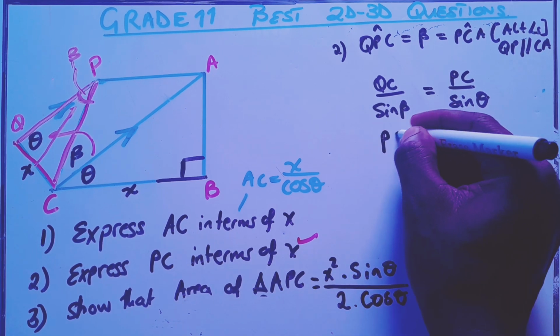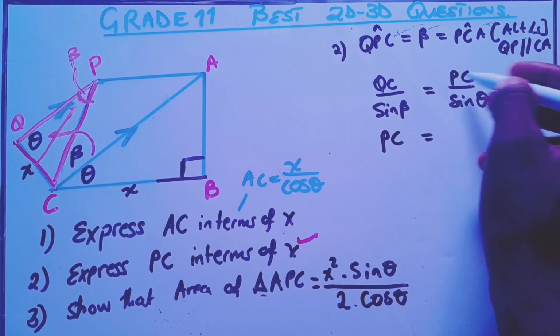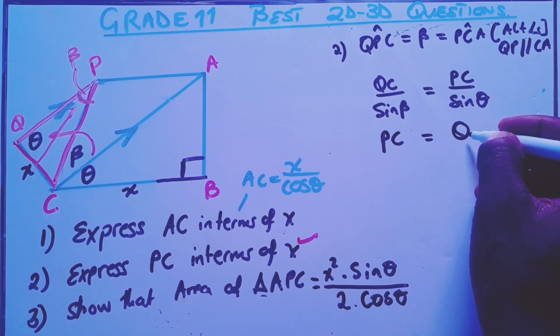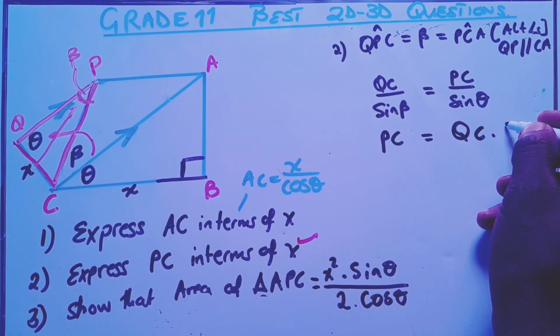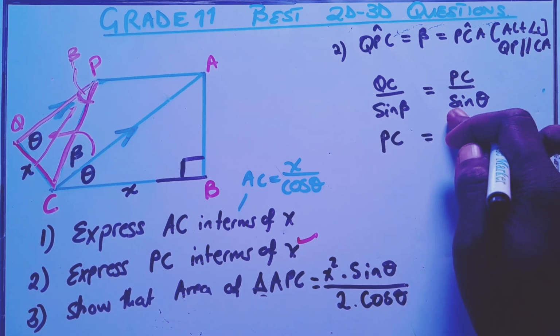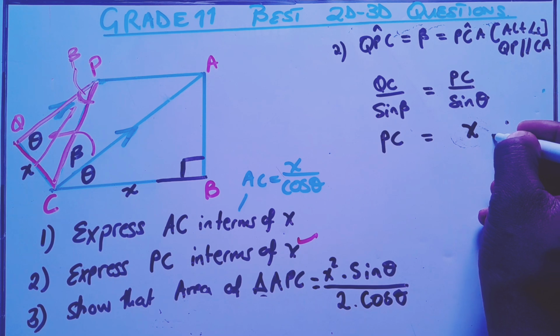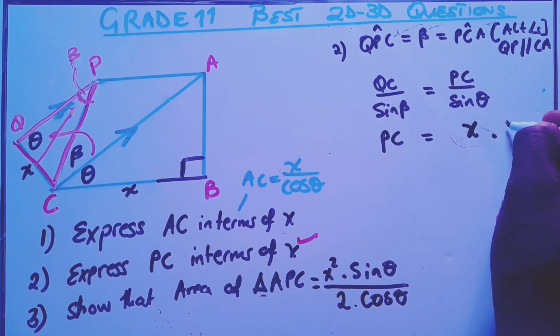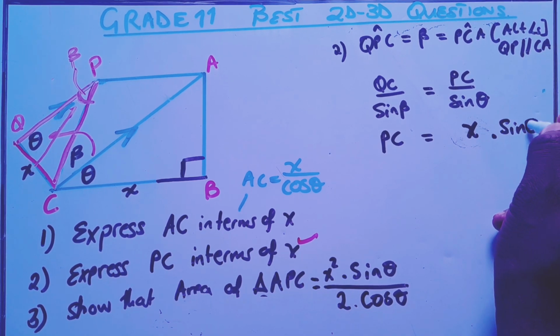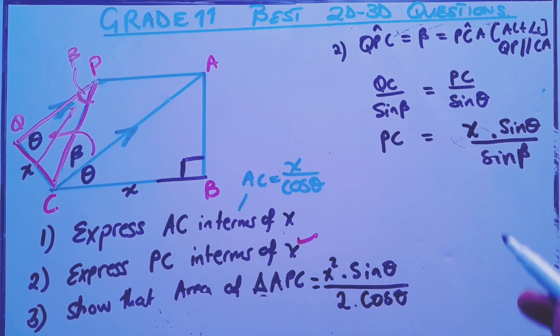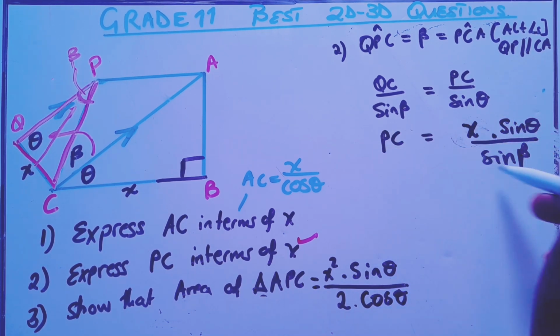So now our PC becomes, this multiplying this side, QC multiplied by, QC is actually x, right? So QC, it is x. So this is x multiplied by sine of theta all over sine of beta. So this PC becomes that.